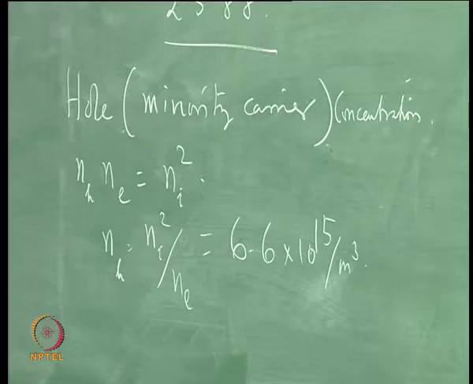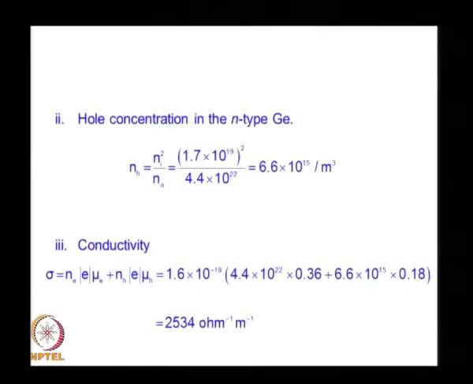Because we know the majority and minority carrier concentrations and we have been given the mobilities of the electrons and holes, we are now in a position to calculate the conductivity contributed by the electrons and holes, and hence the total conductivity.